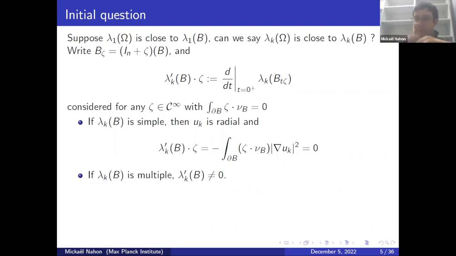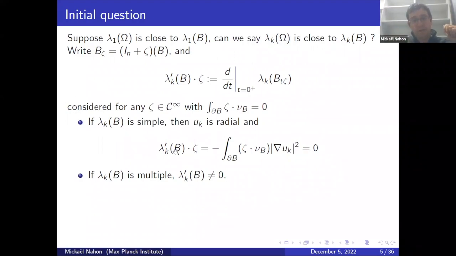It may not be the same on both sides, but you have a directional derivative that I write formally like this. Lambda_k'(B) applied to zeta is the derivative of the perturbation by t zeta. And I can consider this for vector fields zeta that do not change the volume of the ball, at least at order 1, to see what happens.